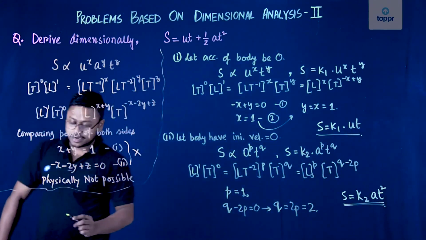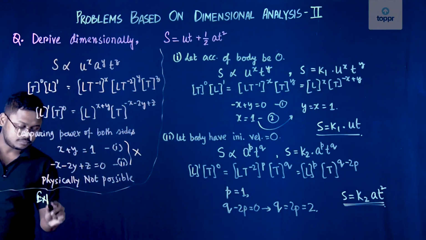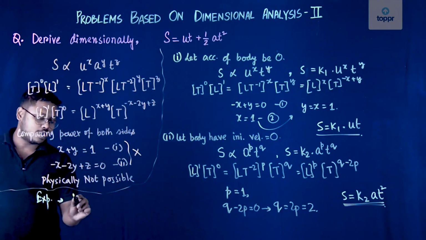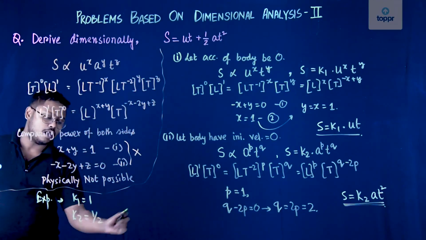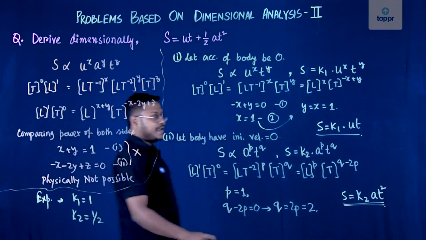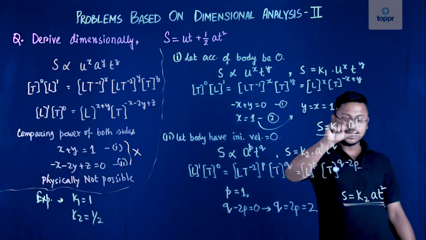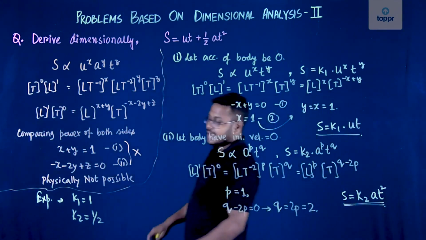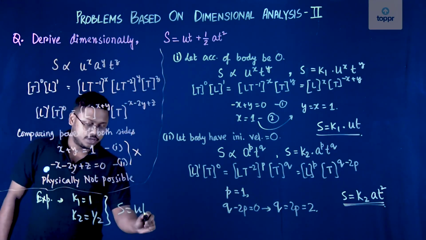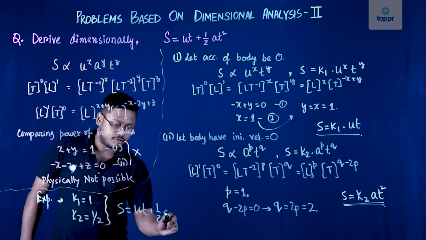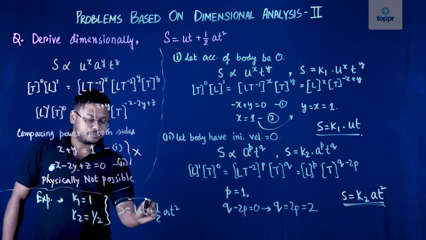So experimentally it has been found that k1 equals 1 and k2 equals half, right. So it depends on both the product form of ut and at square. So by combining these two constants, I can write s equals ut plus half at square, right.